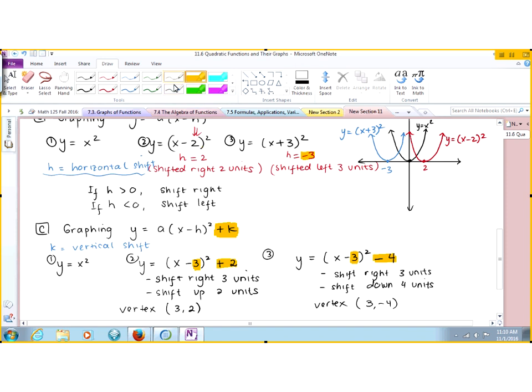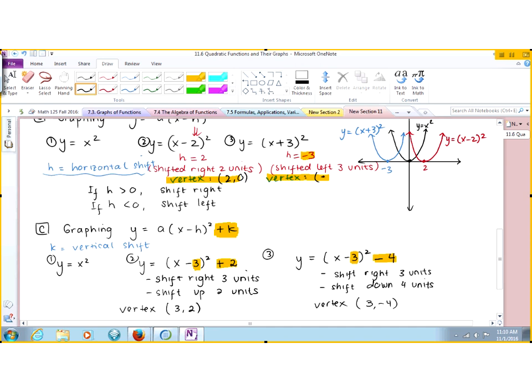3, -4. Yeah. Okay. Can we add the vertices for the ones we did before? So what is the vertex here? And what is the vertex here? If I shift right 2 units, what is the vertex? 2, 0.